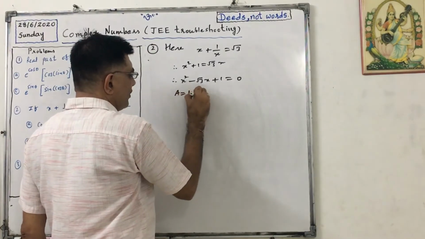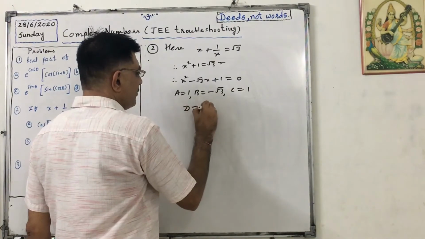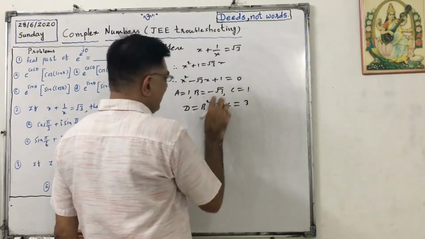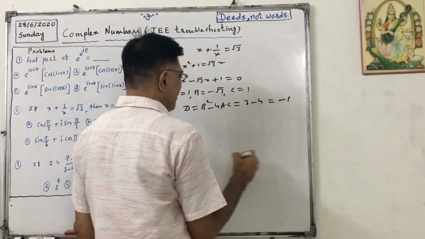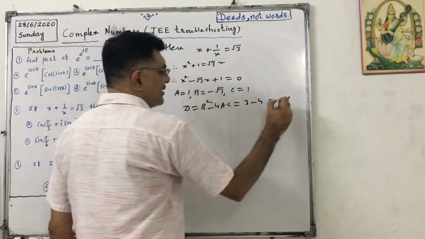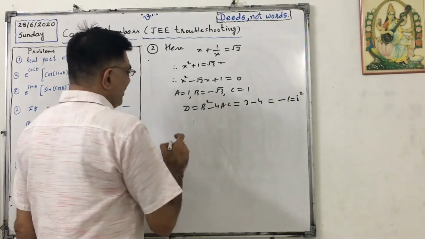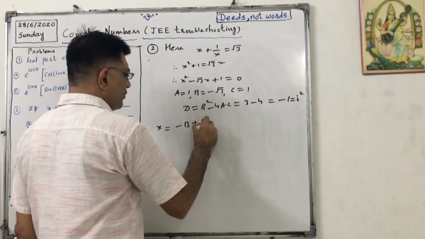Here a equals 1, b equals minus root 3, c equals 1. D will be equal to b square minus 4ac, where b square is 3, minus 4 into 1 into 1, so it is minus 1, which can be written as I square. Now x will be equal to minus b plus or minus root d by 2a.